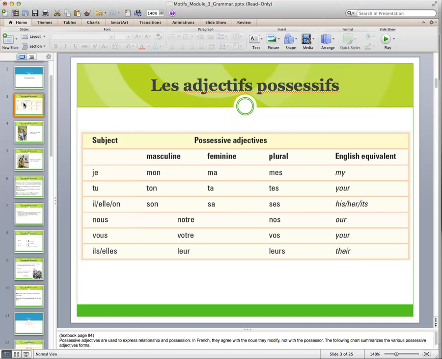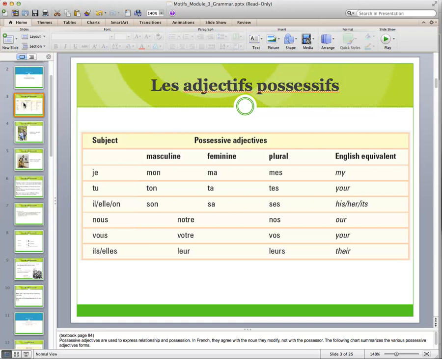The masculine singular form of my is mon. The feminine singular form of my is ma. And the plural form of my is mes. In other words, there are three ways to say the word my in French.